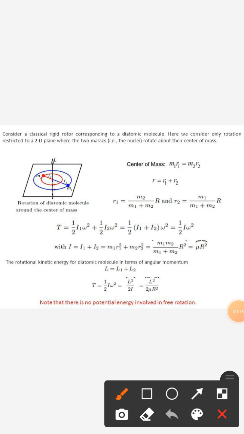The concept of center of mass arises when we use a system when there are two particles.